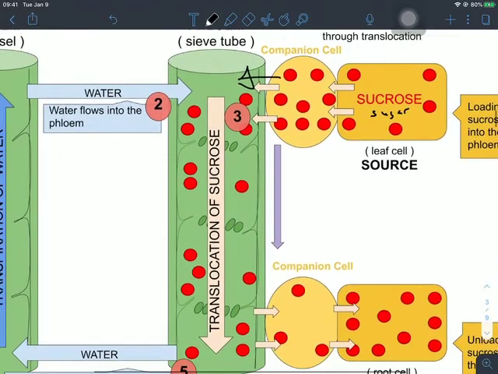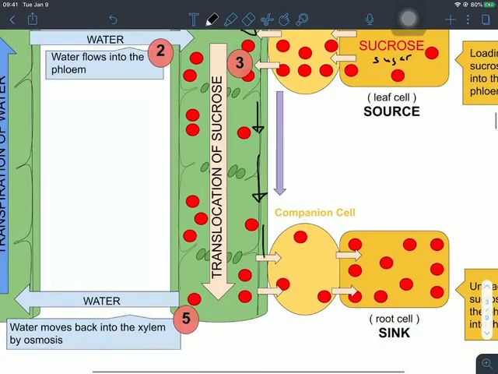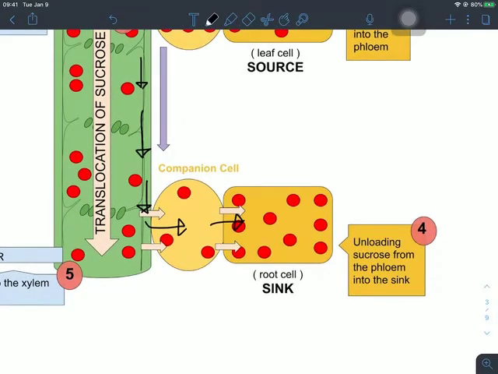And then it gets moved down the plant slowly but surely up until it comes up to companion cells in the roots, gets moved in the companion cells in the roots, and it's ultimately stored in the sink or the root cell in a way that is no longer water soluble.